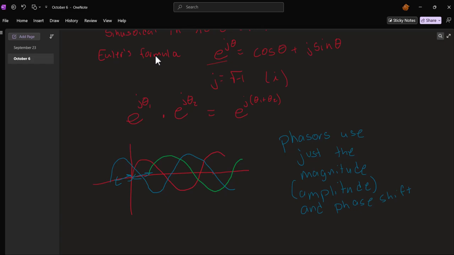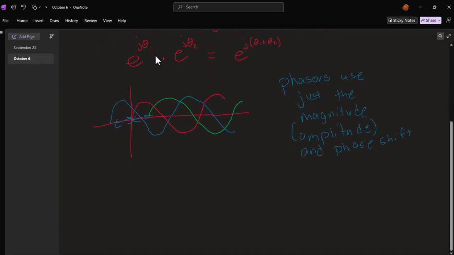And so if I'm looking at something like a voltage v of t equals 10 cosine (60t plus 45 degrees).